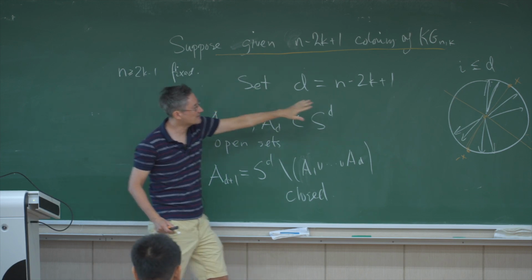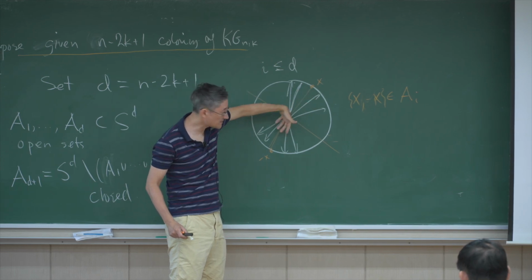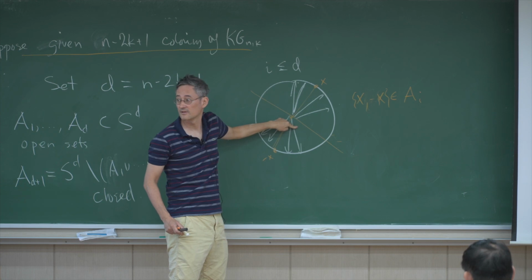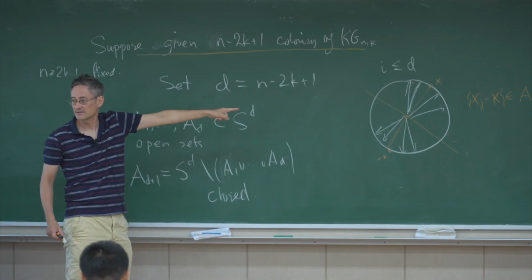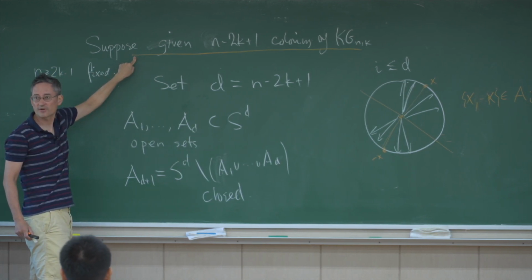What is a k-tuple of vectors here? It's a vertex in the graph. This is another vertex in the graph. They should be connected by an edge, and same color. So they can't have the same color. That situation never happens because we assumed this was a coloring of the Kneser graph.